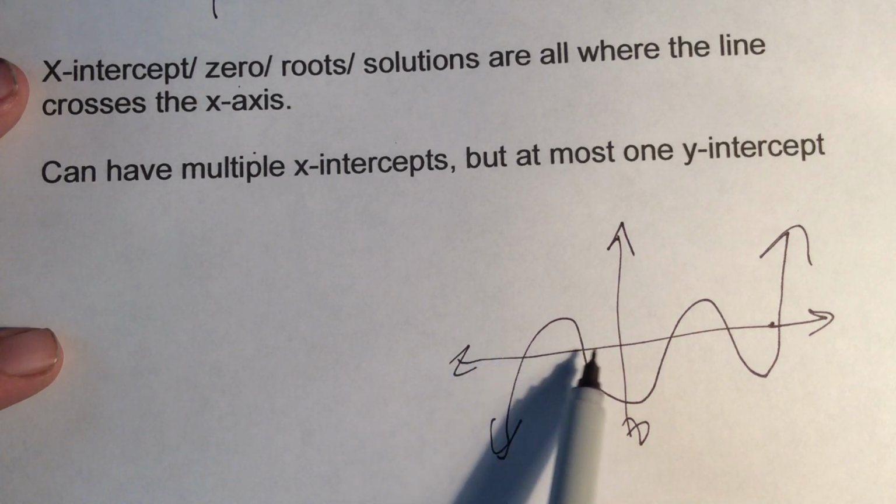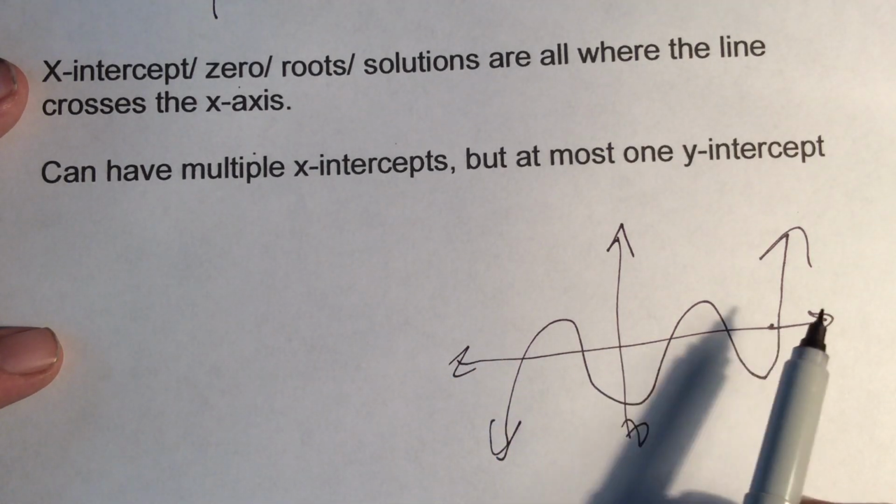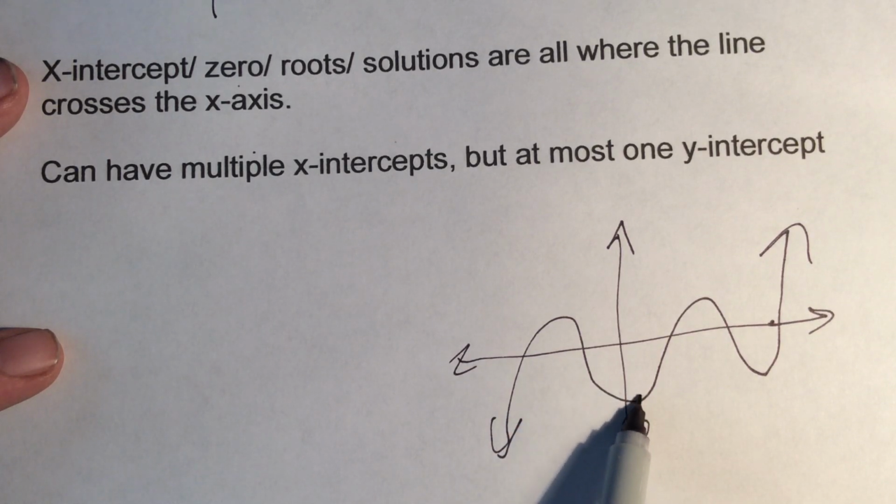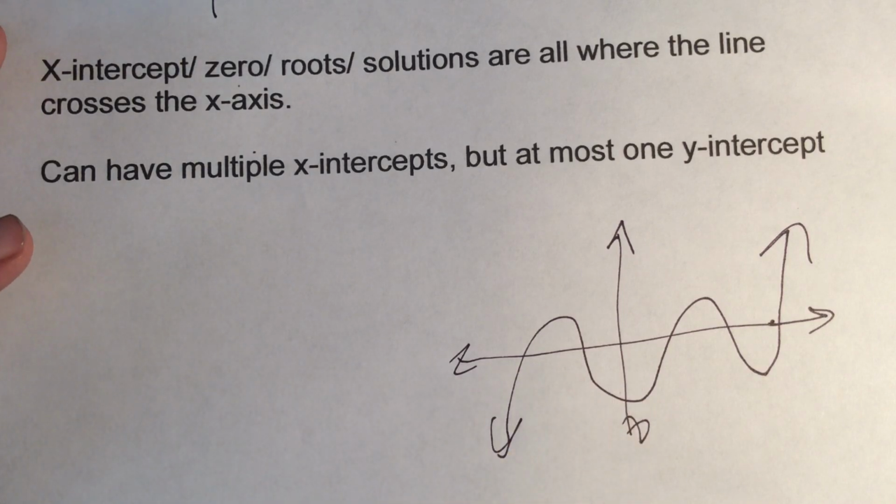We could have as many of those as we want. However, for this to be a function, only one time can we cross the y-intercept. If we have 2 y-intercepts, it's not going to be a function because, technically, when x is 0, you're going to get 2 different things out, and that's the issue. We only want one thing out of that equation.